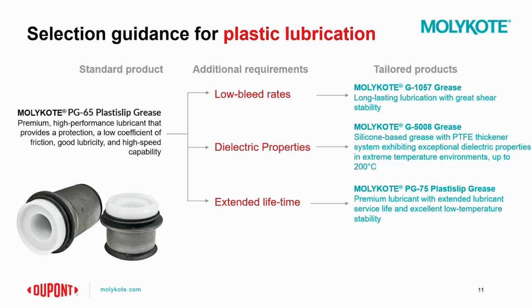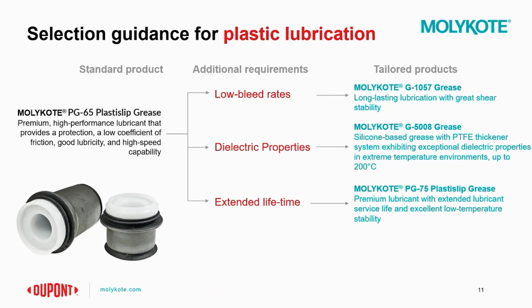If we're looking for a lubricant that requires extended lifetime in regards to plastic lubrication, a good product to consider would be PG75, which is a grease that offers slightly greater bleed than, say, a G1057, which is ultimately why it performs for extended lifetime, because of the oil bleed that offers continuous lubrication.